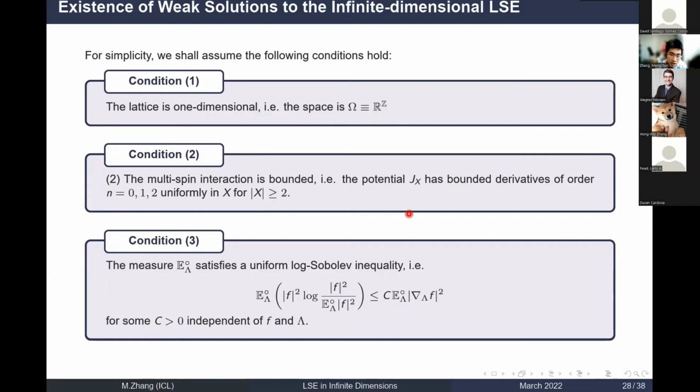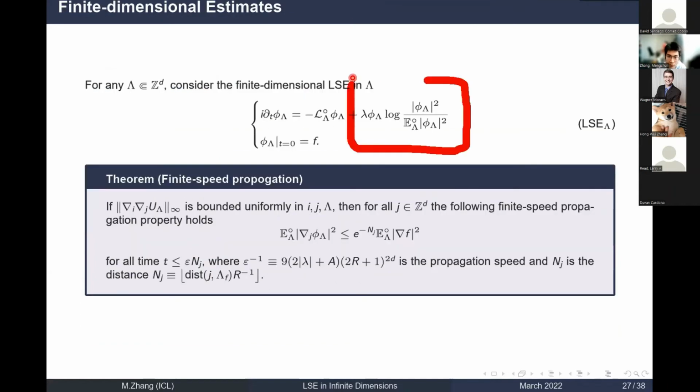And for the third condition, we need a crucial functional inequality, which is called the log-Sobolev inequality. Basically, the measure E lambda satisfies this inequality, where C is uniform in f and lambda. I will explain how this inequality can help us. At first glance, this inequality already helps us to bound the nonlinear term, right? Because recall that our nonlinear term is like this one, which is very similar to the entropy term.